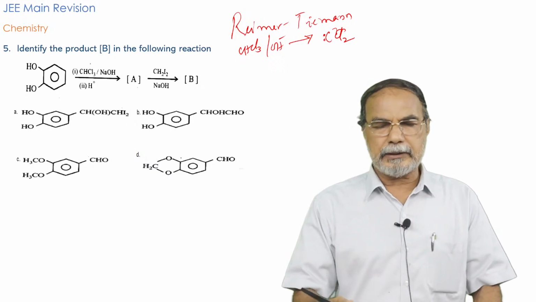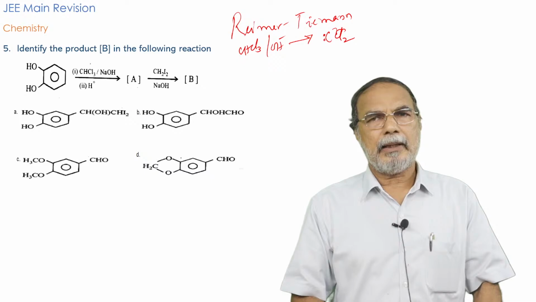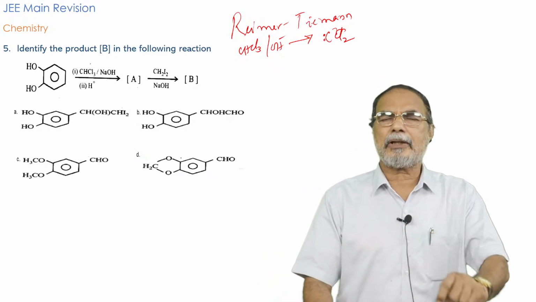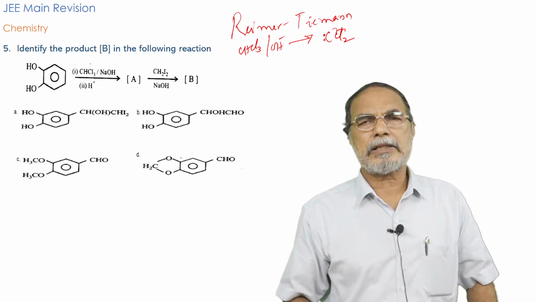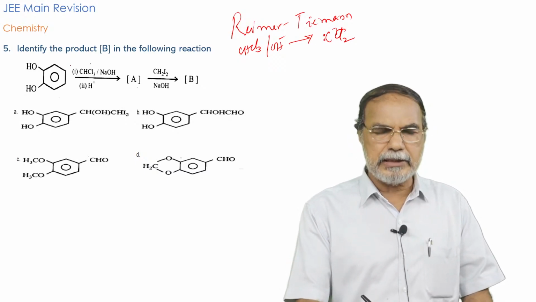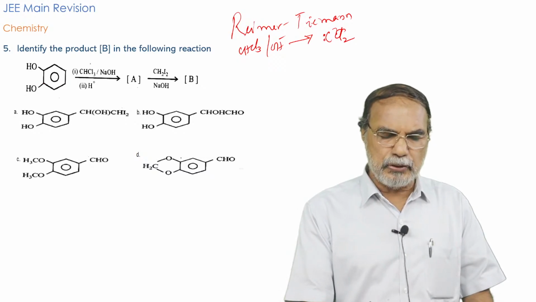The CHCl3 will be losing an HCl on reaction with OH minus, and from it is generated the special electrophile, CCl2, and that is known as dichlorocarbene. And the dichlorocarbene is actually the reagent attacking the benzene ring, in this case the para position of the OH group.